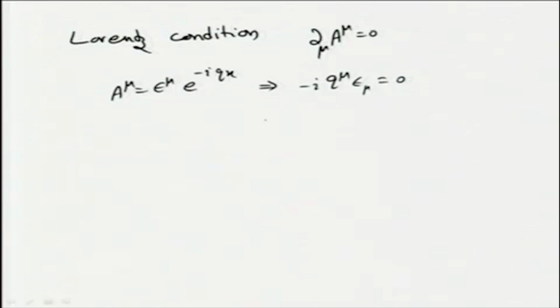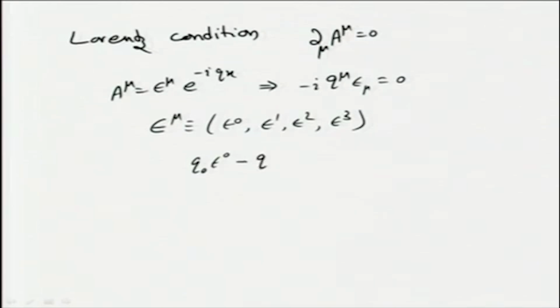So, this says that Lorentz condition says not all the components epsilon 0, 1, 2, 3 are independent of each other, but depend through the relation q mu epsilon mu equal to 0, or q naught epsilon naught minus q 1 epsilon 1 minus q 2 epsilon 2 minus q 3 epsilon 3 equal to 0.